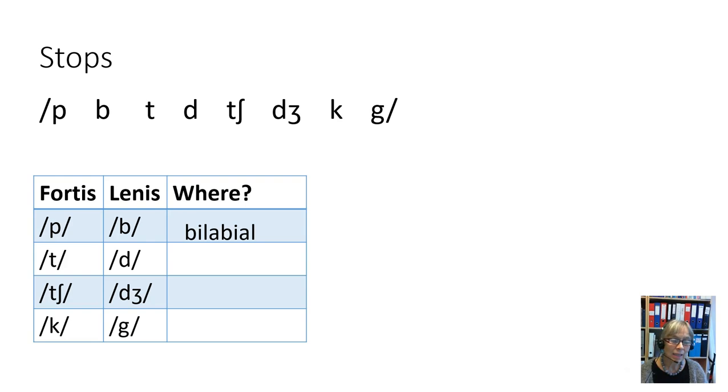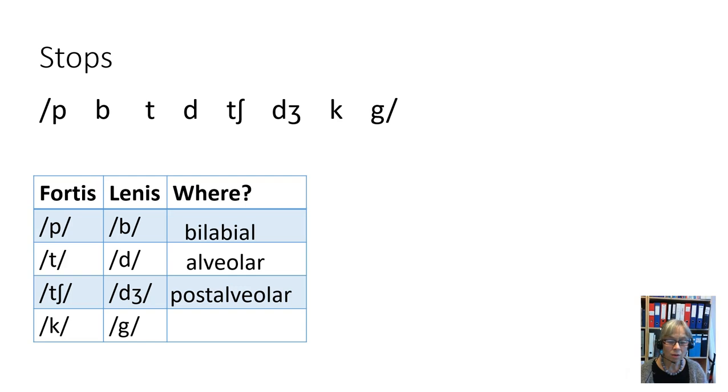T and d are also the same sound, just that t is without voice and d is with voice. Here we press our tongue up towards the alveolar, the teeth ridge. Ch and j are post-alveolar.